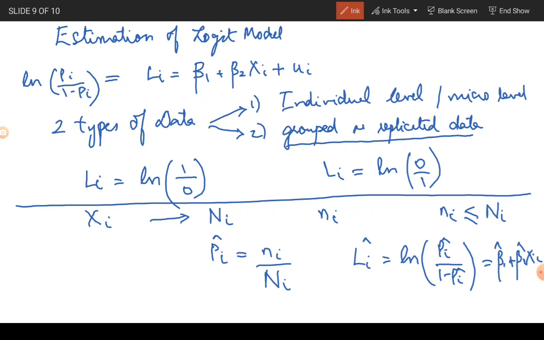Okay, and we are saying that this Li hat will be a good estimate of the true population logit Li. And the larger the size of the sample and the more the number of observations capital Ni at each xi, the better and closer will be the Li hat to the true population logit Li.